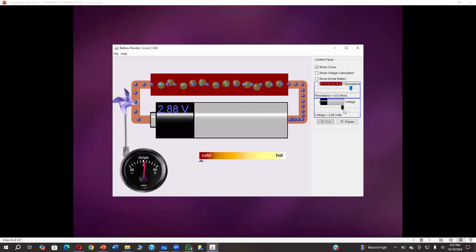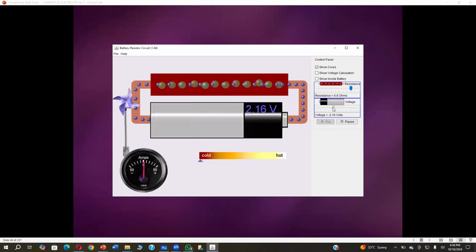So resistance is basically an opposition against the flow of electrons. These balloons, these atoms disturb the flow of electrons. And you can always see that if I reverse the voltage, look, when I reverse the voltage, electrons reverse their direction because voltage is the driving force of these electrons.